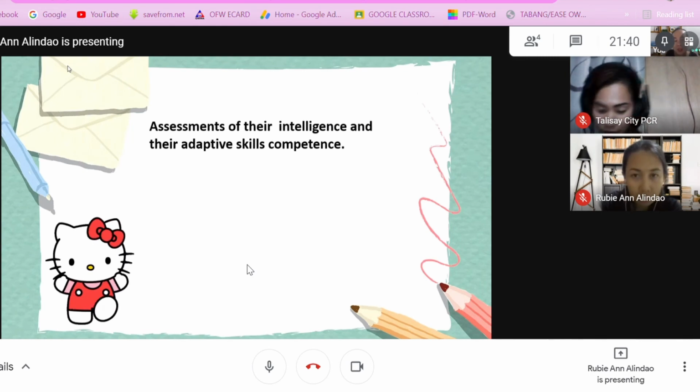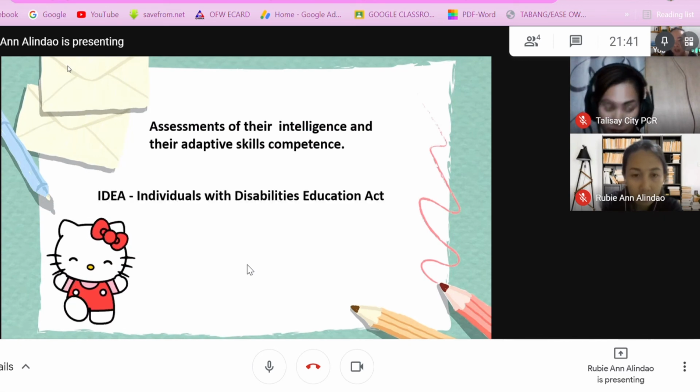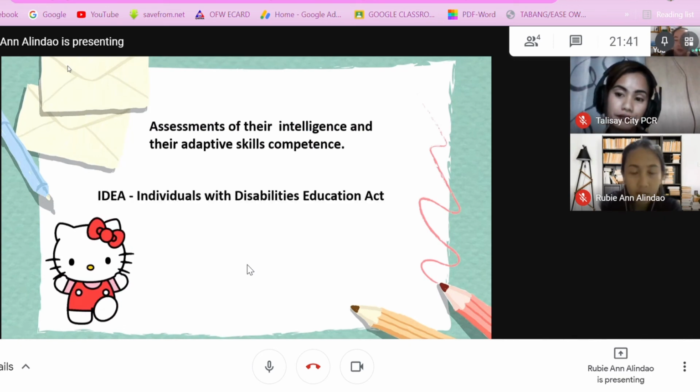Assessment of their intelligence and their adaptive skills competence. Logically, then, identification of students suspected of having ID is typically based on assessment of their intelligence and their adaptive skills competence.